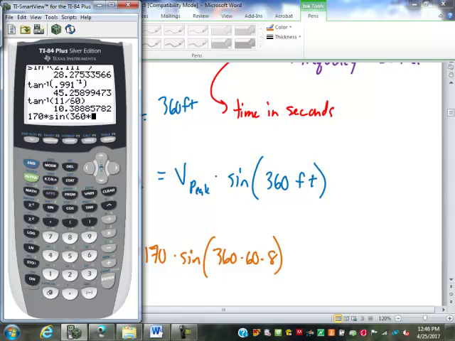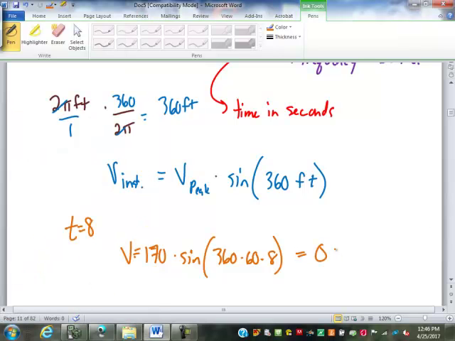This will sometimes give us something weird like 10 to the negative 9th or something like that. This does give us exactly 0. So there we are. So 0 volts. Yep, that's it. What's the instantaneous voltage? It is 0 volts. At any whole second, it would be 0 volts.